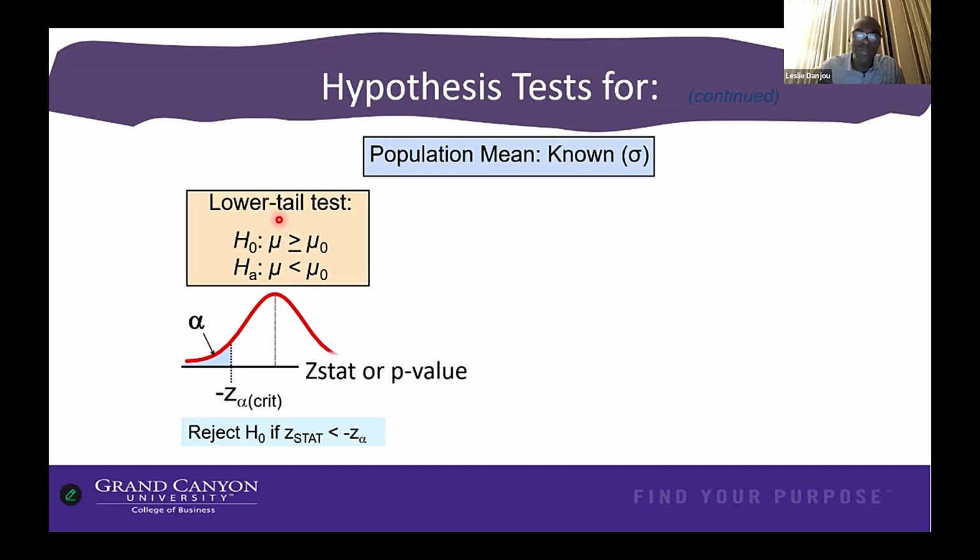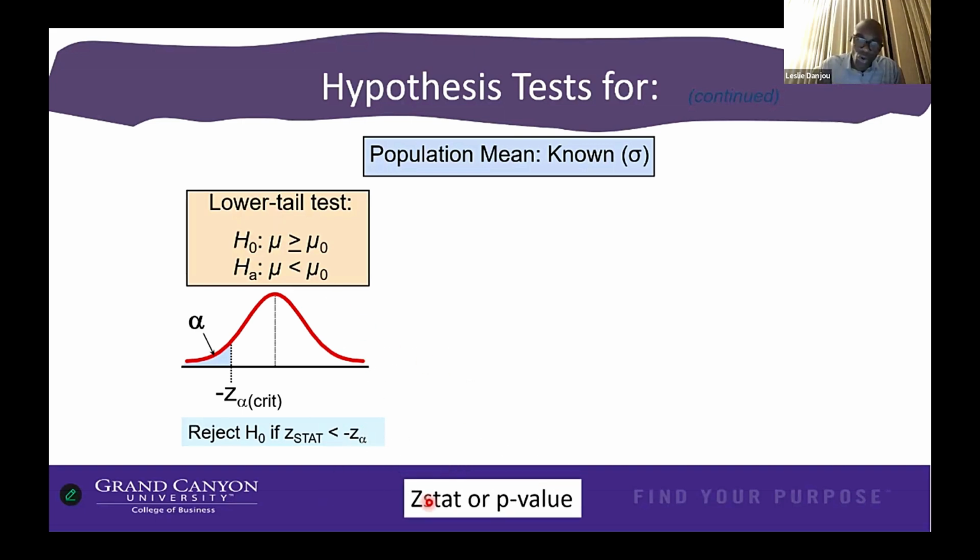We're going to be using a z-stat or a different calculation, the probability value, to determine: is it in the rejection zone or is it in the true, the status quo, the historical data zone over here?